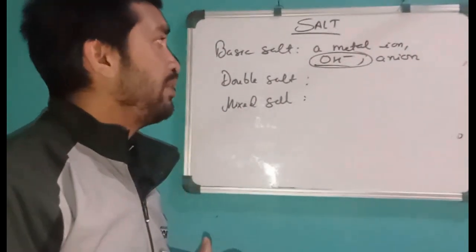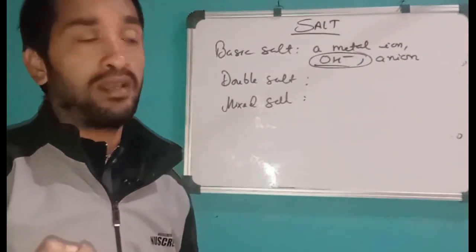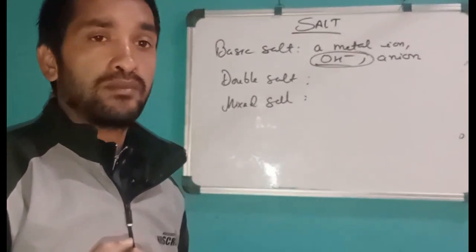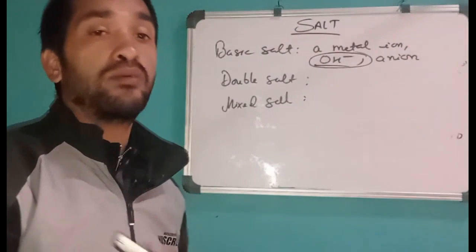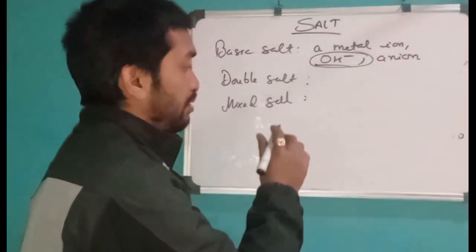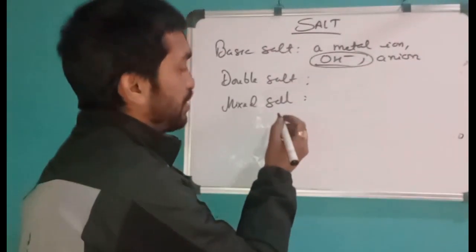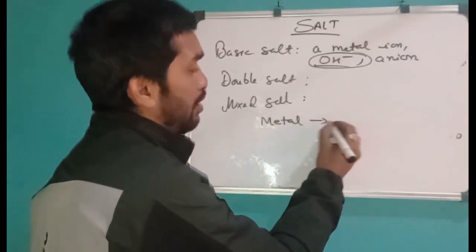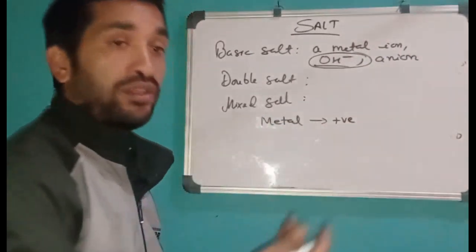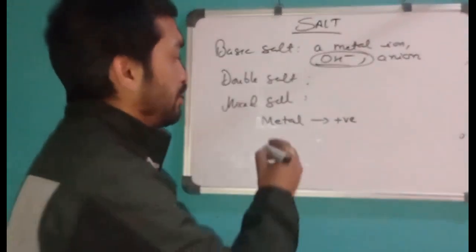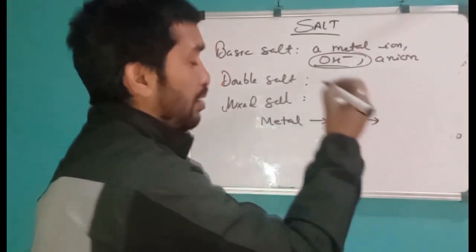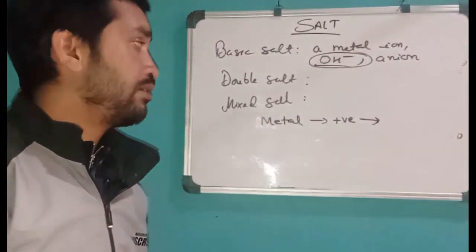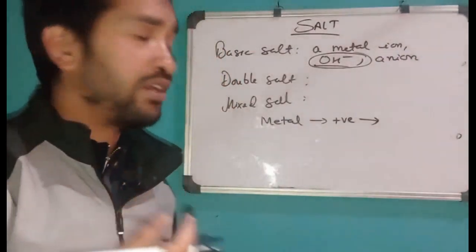Before that, let me tell you why I'm talking about a metal ion. Maybe you would be confused why I'm talking about a metal ion. See, in a simple way, you should understand that metal ions are positive in nature. Sorry, the ions are having positive charge. So, how to check whether it is acidic or basic? See, by simple trick we can learn it.